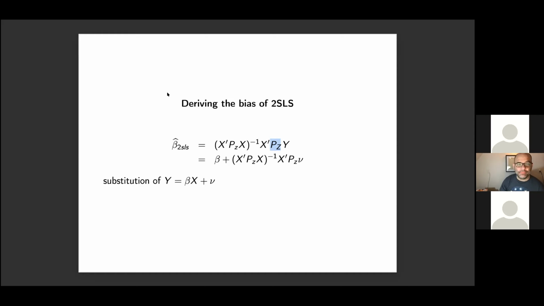Now, PZ, remember, PZ equals Z, Z prime Z inverse, Z prime. So we're going to put Z, Z prime Z inverse, Z prime into here.